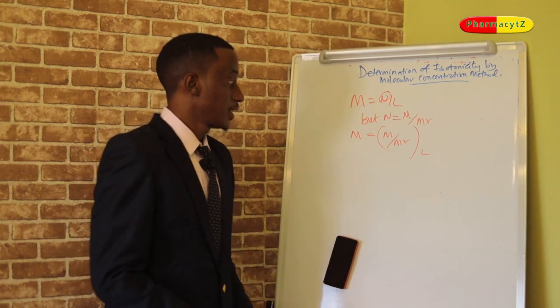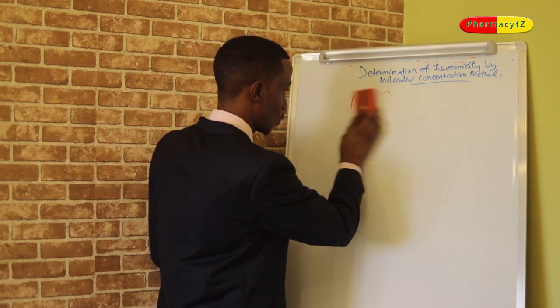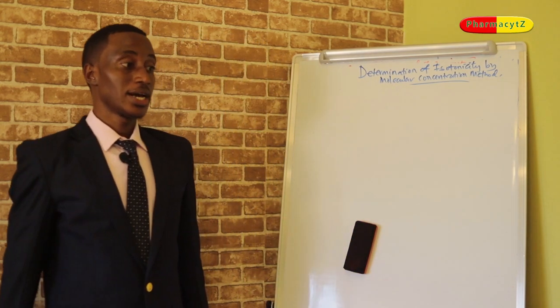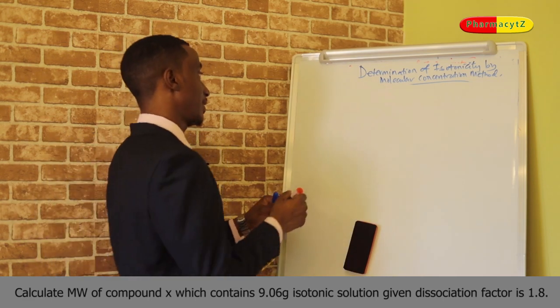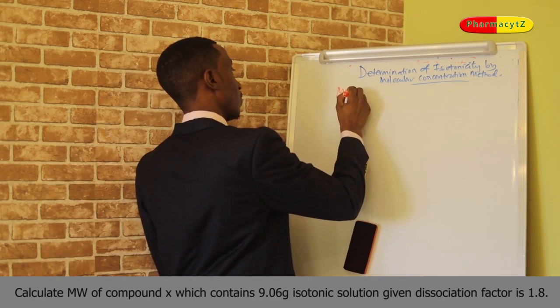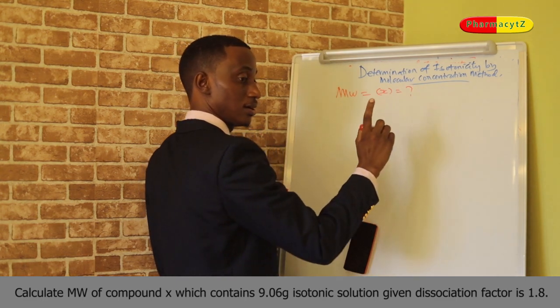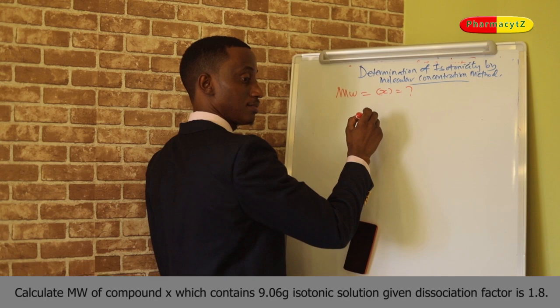Okay, now we have this question here. This question says: calculate the molecular weight of compound X, which contains 9.06 grams.